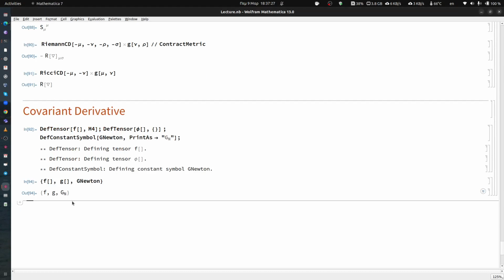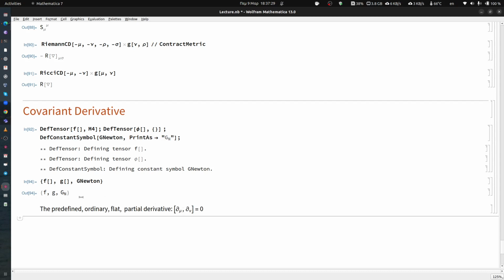So for any manifold that we define, there is a predefined connection, which is the ordinary flat, sometimes called the partial derivative connection. This is a connection that can be defined only locally in a coordinate patch.